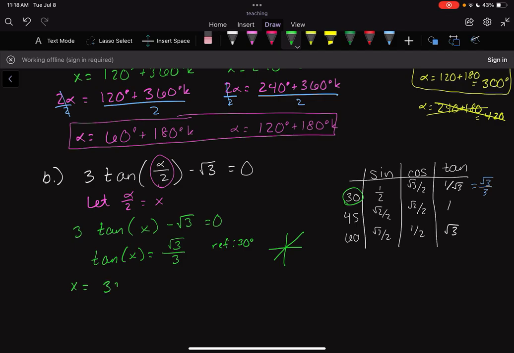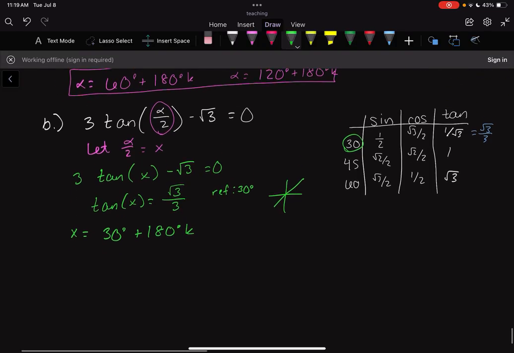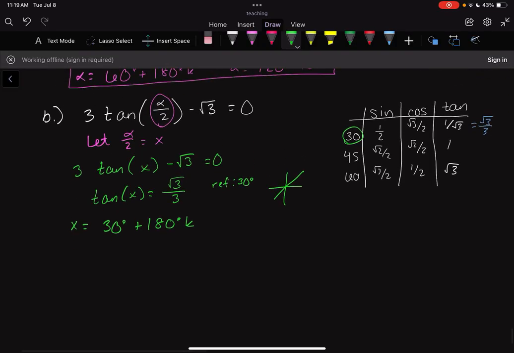So this one's going to be 30 plus 180 degrees K. You can split them up and write out both the answers in both different quadrants. But if you remember in 4.2, because tangent has a period of 180, you actually don't need to write out both answers, as long as you just use 180K instead of 360 for tangent specifically.